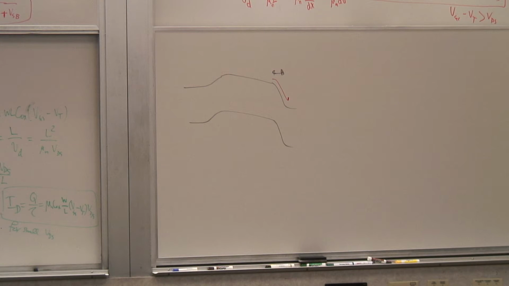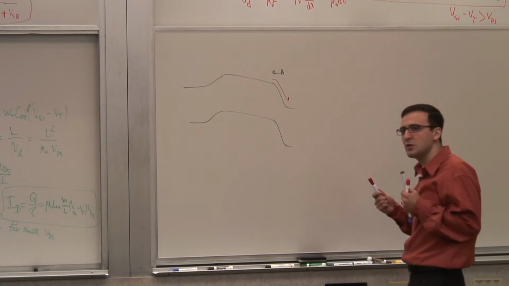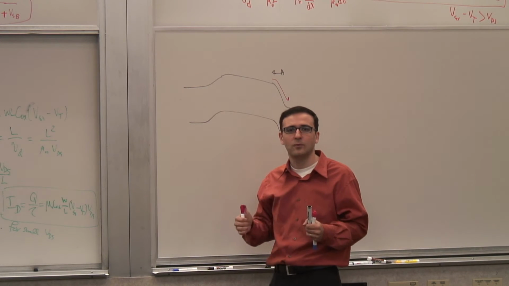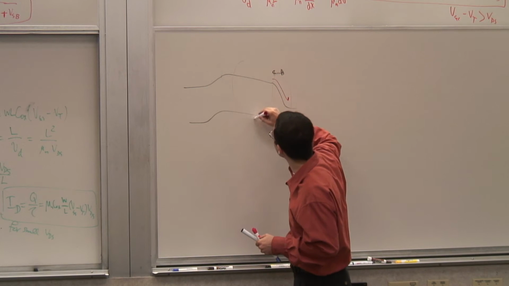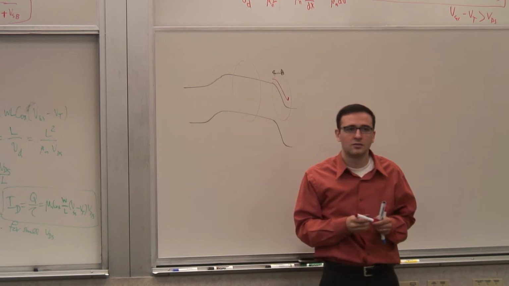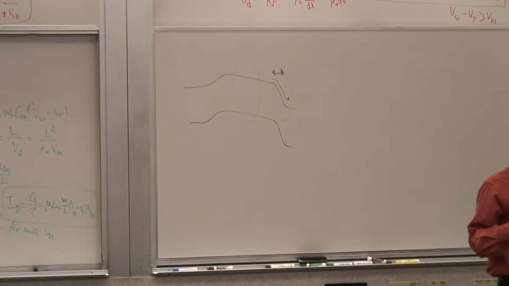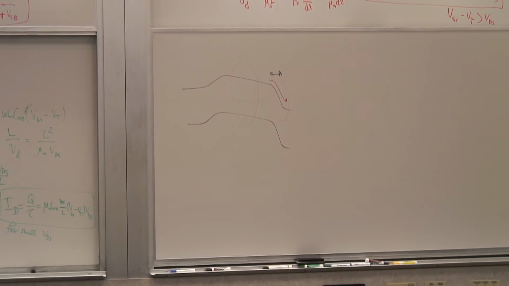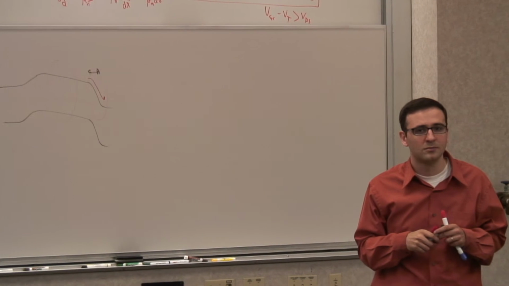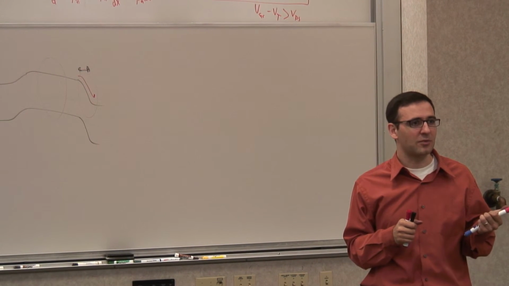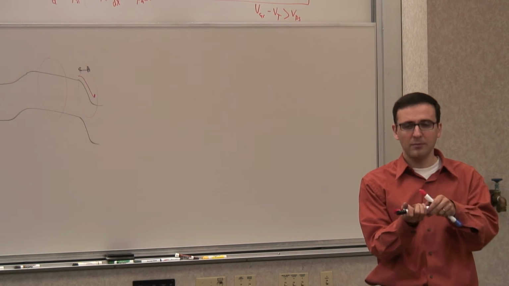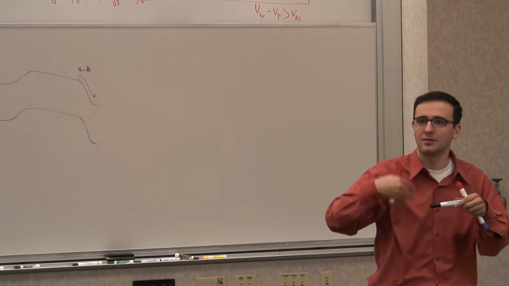But let me ask you this question. Which one of these two regions do you think controls how much current flows? This region, the pinch-off region, or the channel? The channel, right? That's correct. Why? Because that's the bottleneck, pretty much. It's like having a very thin pipe attached to a huge pipe.